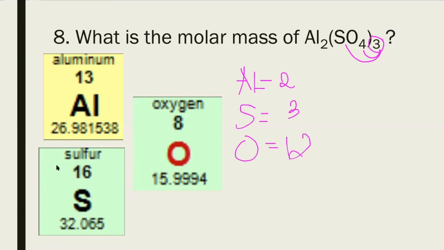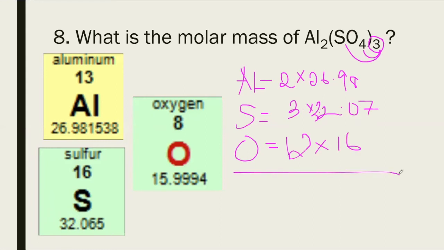So let's multiply. So aluminum has 2 times 26.98. Sulfur is 32.07. And oxygen is 12 times 16. So first, let's multiply the values.